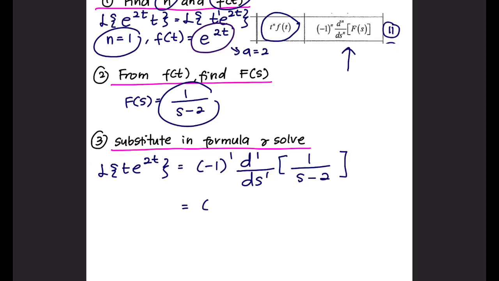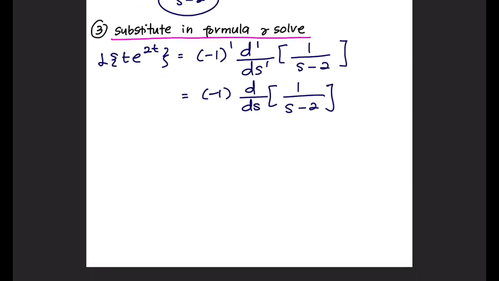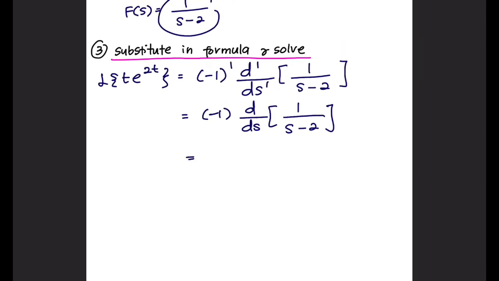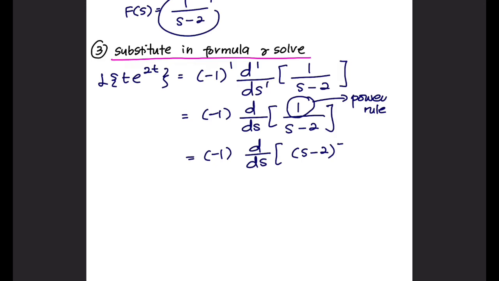And simplify negative, we will get negative d over ds of 1 over s minus 2. Then differentiate this F(s). Look at on top of this function, we have a constant, so remember, apply the power rule. We have negative 1 here. First, simplify the function. We get (s minus 2) power of negative 1.